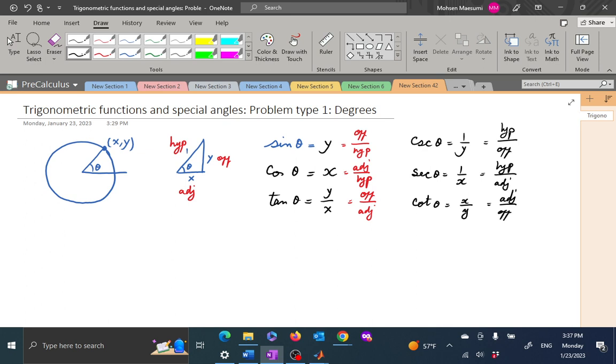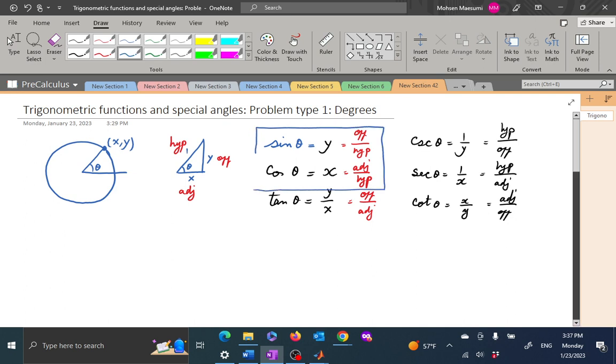As I said, here we are focusing on these two, and then later on we are going to look at tangent of theta as well. These three together form the primary trig functions, and the other ones are secondary, or you can call them the spares, however you want to look at it.